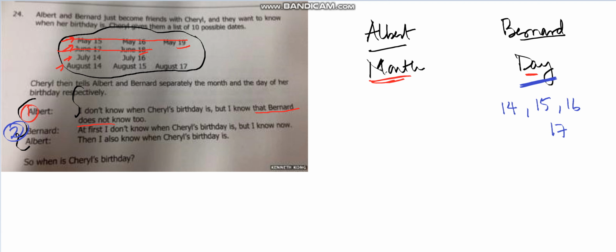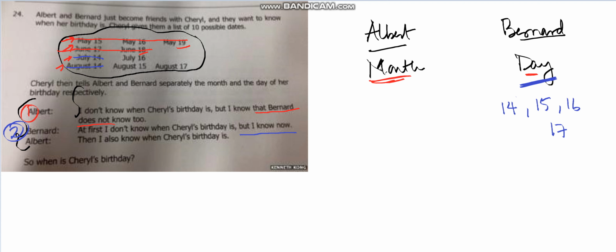With this information, from the first line from Albert, he now says, at first I didn't know when Cheryl's birthday is, but I know now. What does that mean? It means it's not a repeating number. It cannot be 14, because if it was 14, he wouldn't be sure if it's July 14th or August 14th.